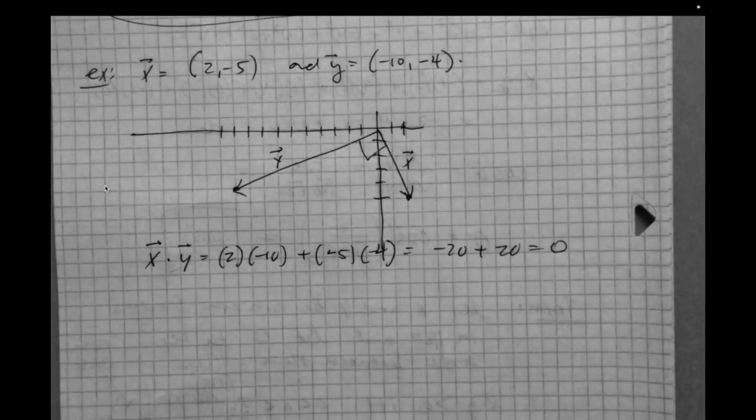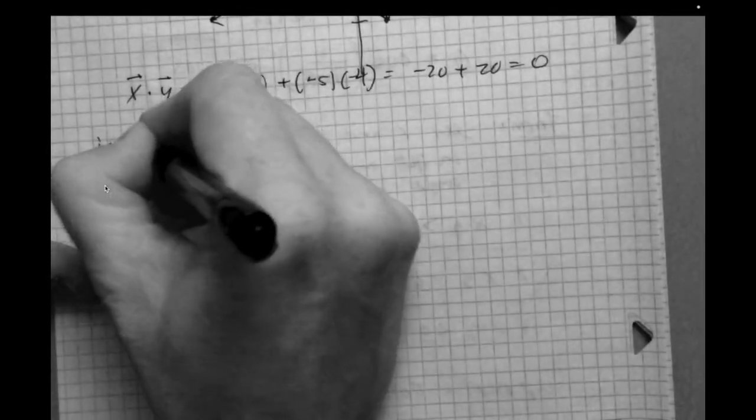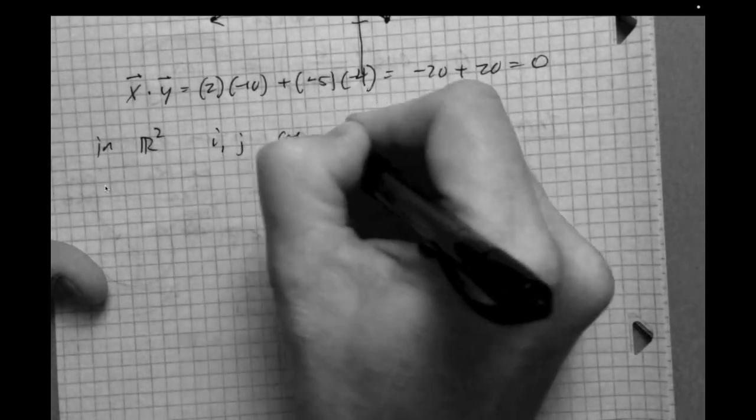Now, we can easily come up with orthogonal sets of vectors by using the standard unit vectors, right? So in R2, i and j are orthogonal.